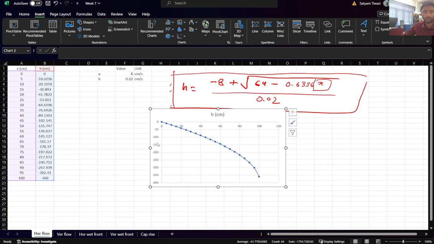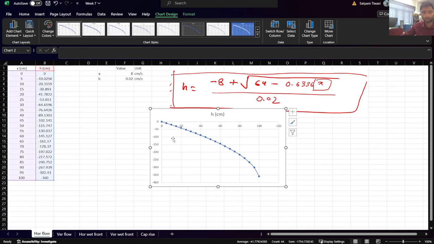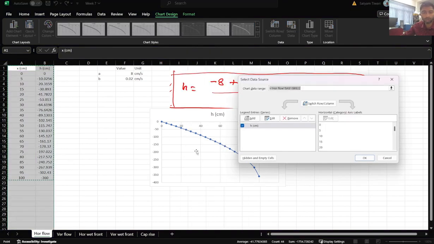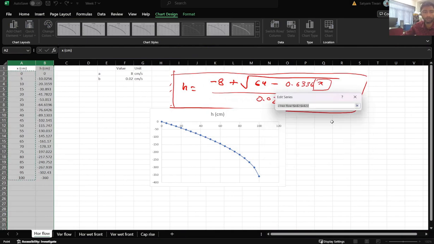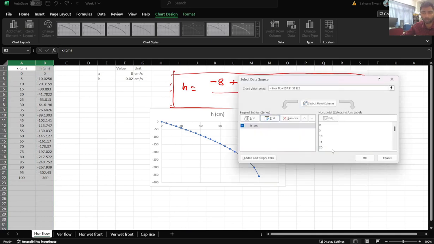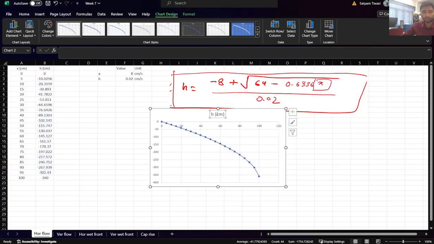Okay, so we need to change the x and y values. So select data, edit the value of x. I want to plot these as x values. The values on the y axis I want to plot as h values. Okay, that's fine.